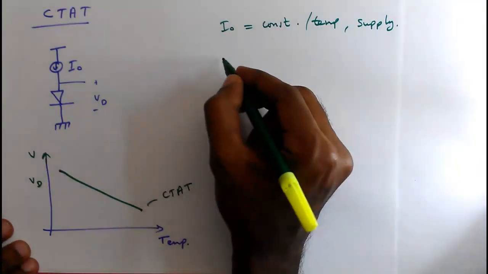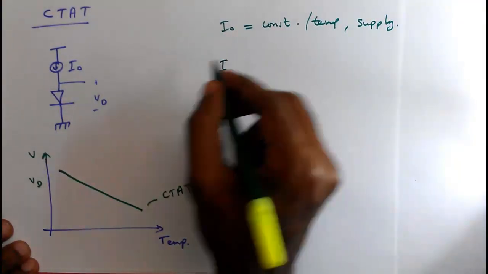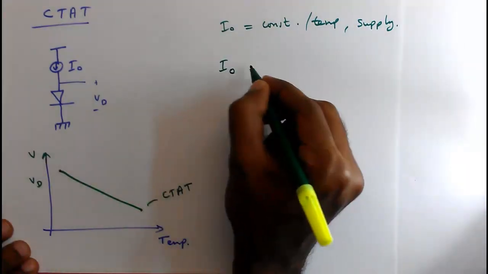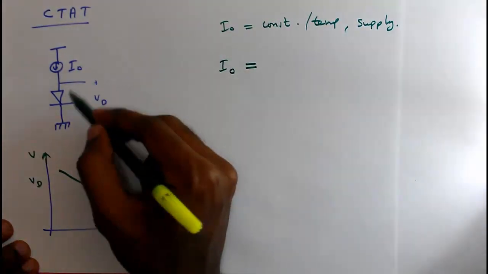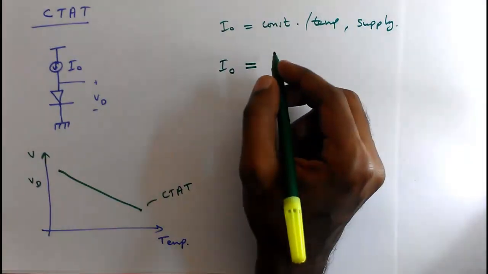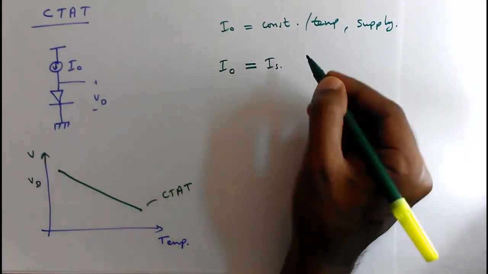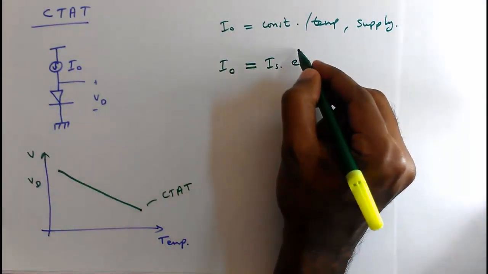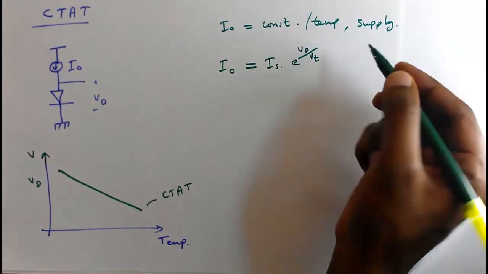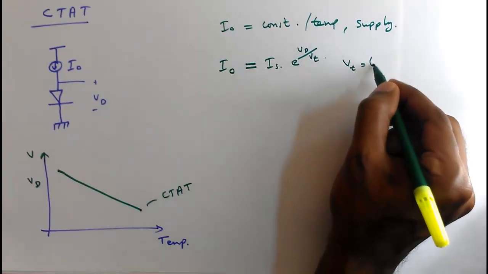So we know the current equation, the current through the diode. Here I0 is flowing through the diode. The standard equation for the current is I0 equal to Is into e power Vd by Vt. Here Vt is the thermal voltage.